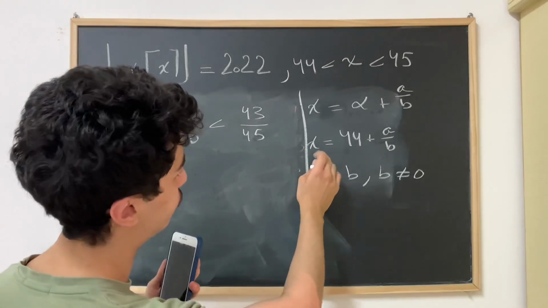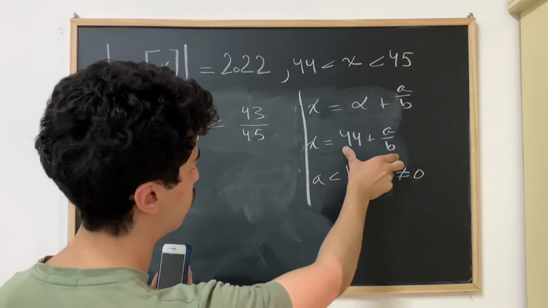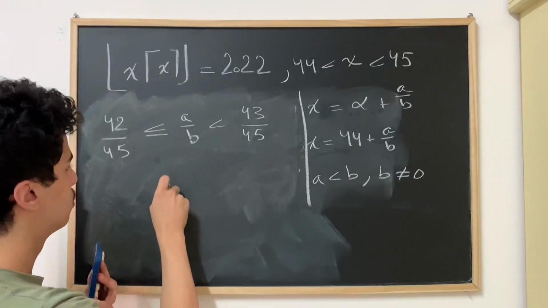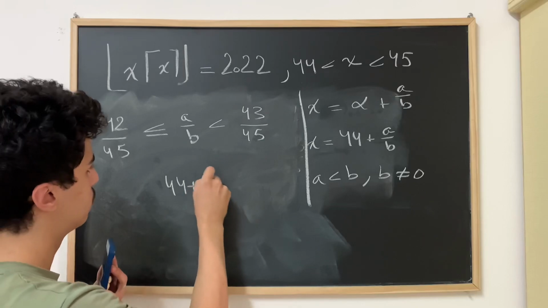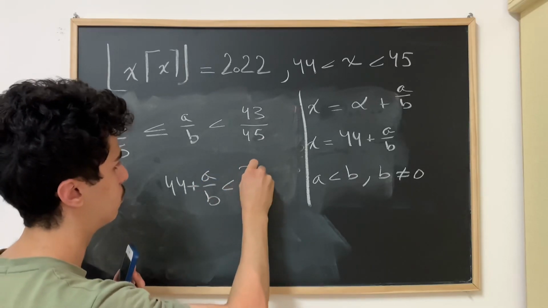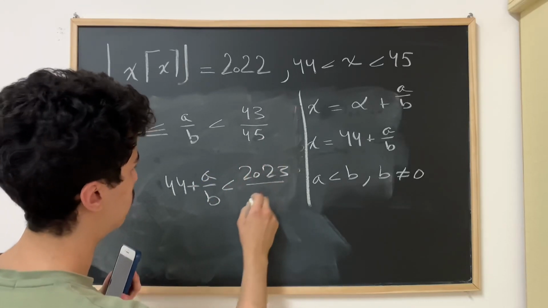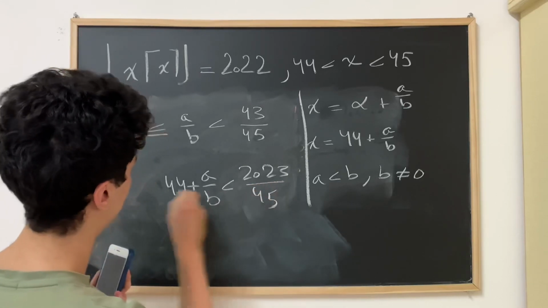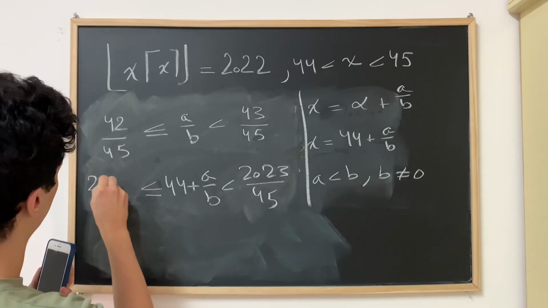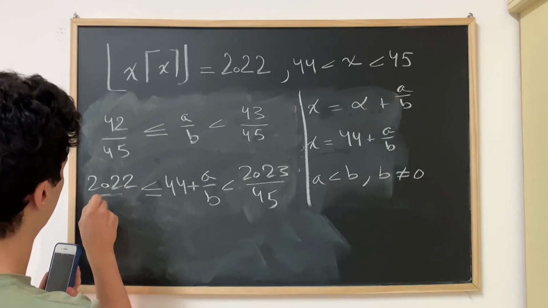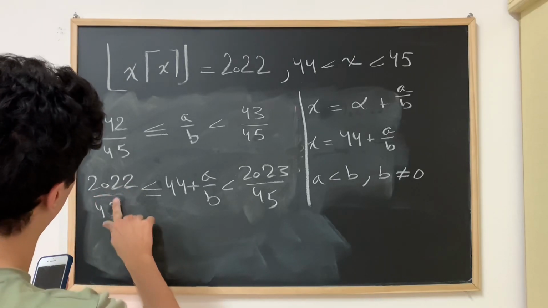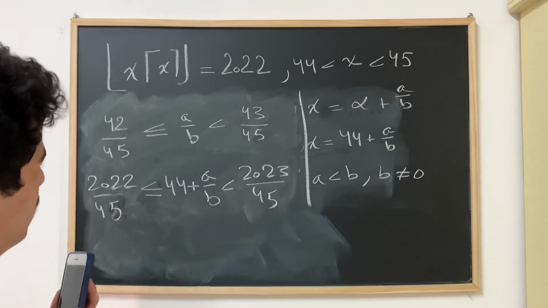We want the inequality for x. We add 44 on both sides. We get 2023 over 45 and 2022 over 45. And you could sort of see the reason for that.